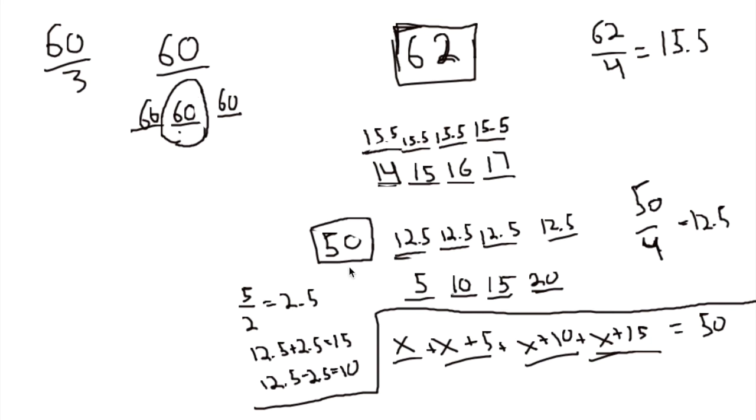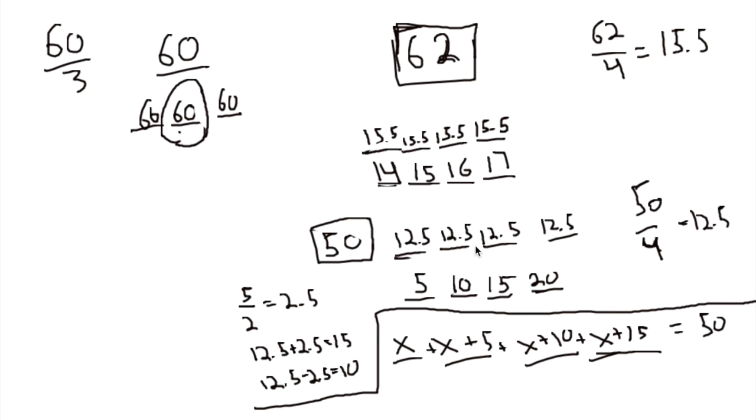A little more tricky. Let's say they give you 4 integers, each spaced 5 apart, that add up to 50. What are those integers? So same process, 50 divided by 4 is 12.5. So I write out my 4 terms, 12.5, 4 times. Now, the middle 2 terms need to be 5 apart, right? Because each term is 5 apart from the other terms. So they're 5 apart, and their average has to be 12.5.